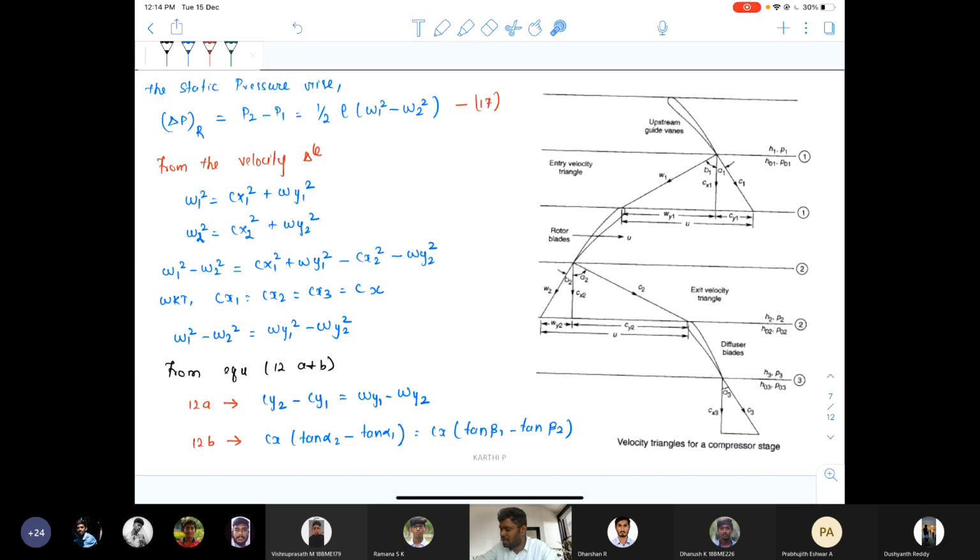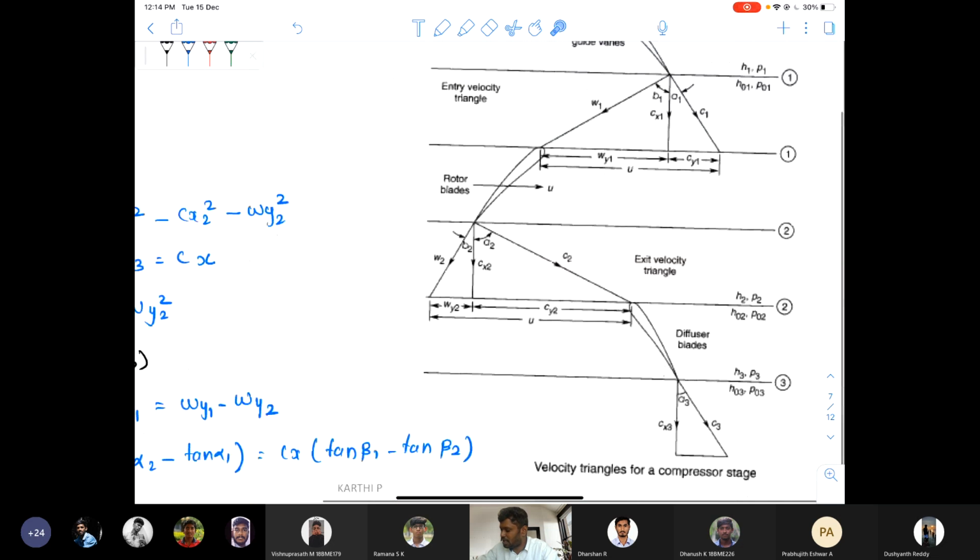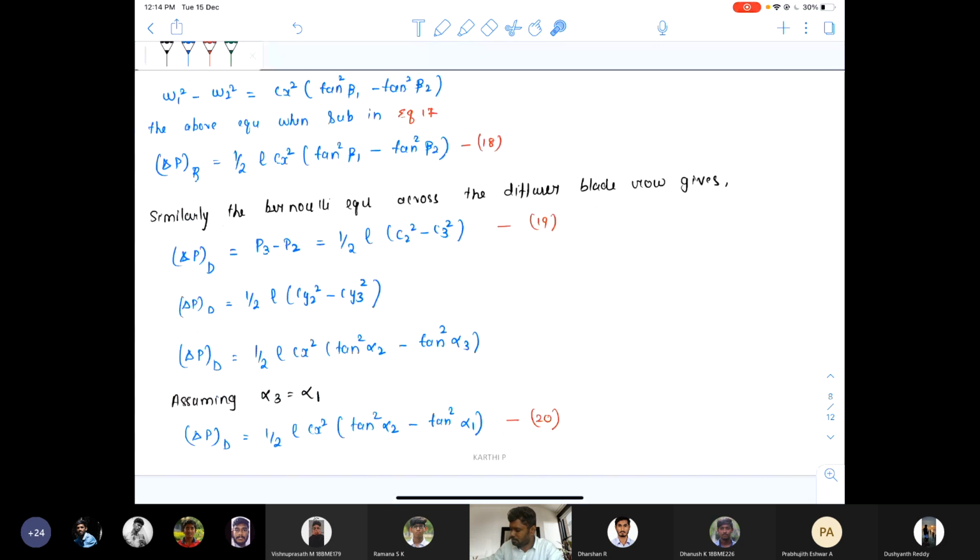But we are assuming that this alpha 1 will be equal to this alpha 3, and by considering that you will be getting the static pressure rise in the diffuser equal to 1 by 2 times rho Cx square into tan square alpha 2 minus tan square alpha 1. We have derived this equation.